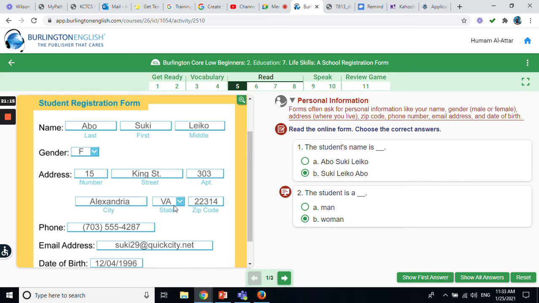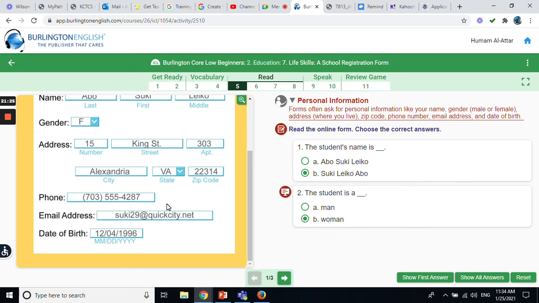On this one, if you also click on this arrow, you will see a list of 50 states. So you scroll down till you see the Kentucky abbreviation. Okay.